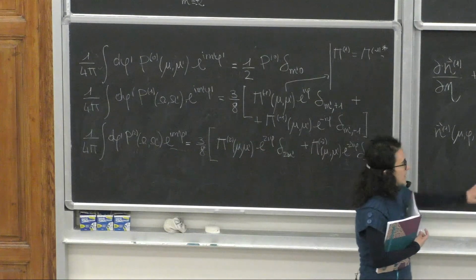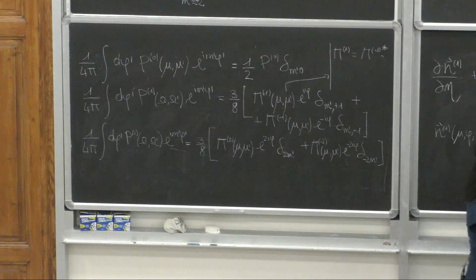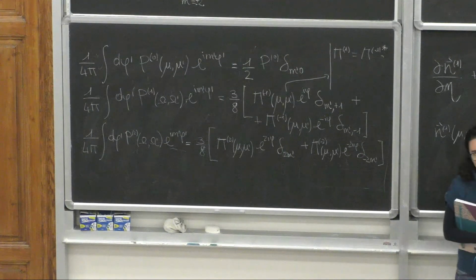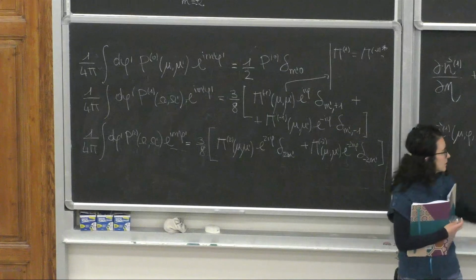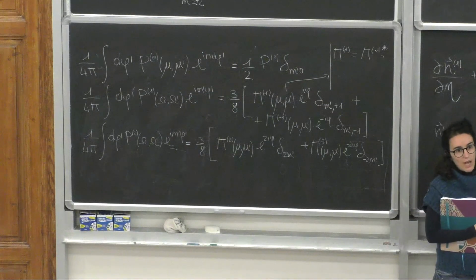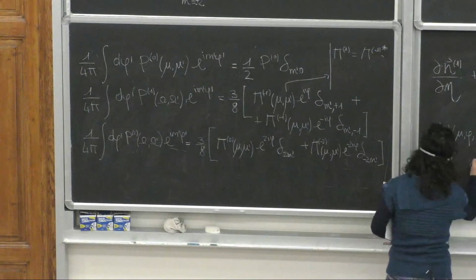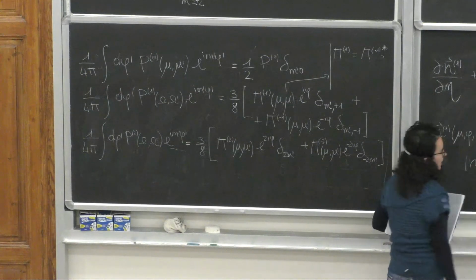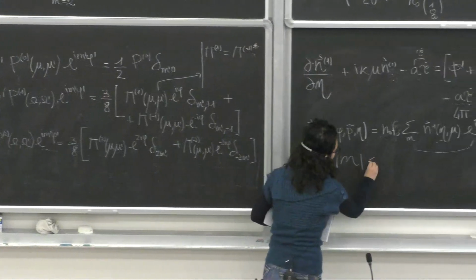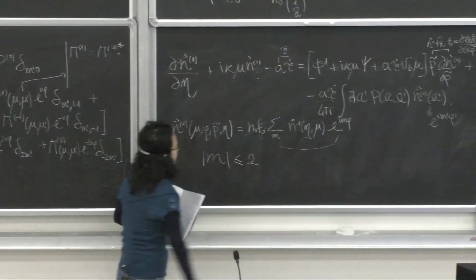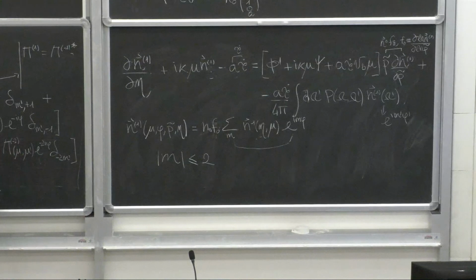So this is telling us that when we insert this term here, only pieces which have the absolute value of m less than or equal to 2 will survive in this integral.